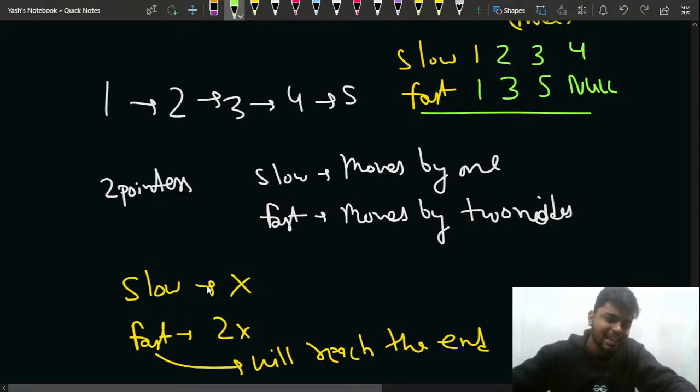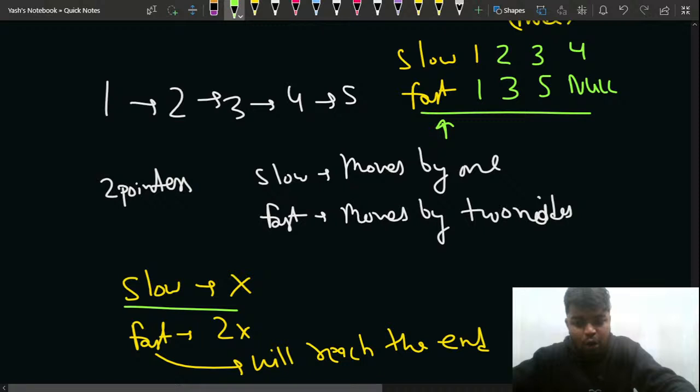So you can see if slow is moving by x speed, fast is moving by 2x speed. So if there is no cycle in the linked list, then fast would reach null, and there will be no opportunity such that the value of the slow pointer and the fast pointer would be the same, right? This is one thing that we can observe from this particular test case.